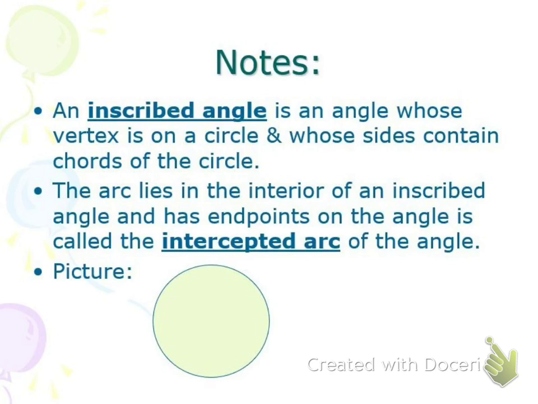Basically, you're going to put 3 points on your circle. So you can even decide where those 3 points are going to go. And you're going to connect two of those into chords. And there we would have an inscribed angle. Okay, the vertex is on the circle. The sides of the angle are chords of the circle.